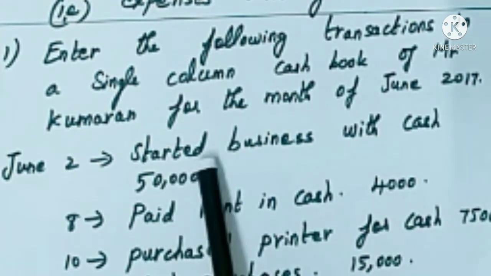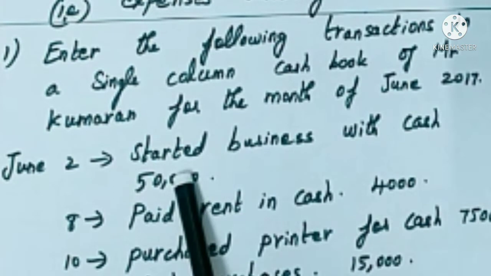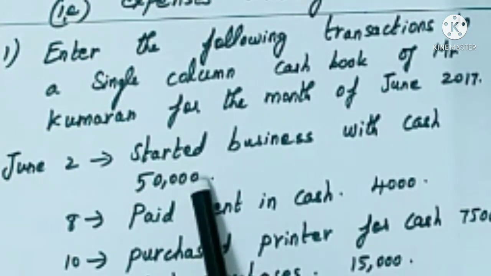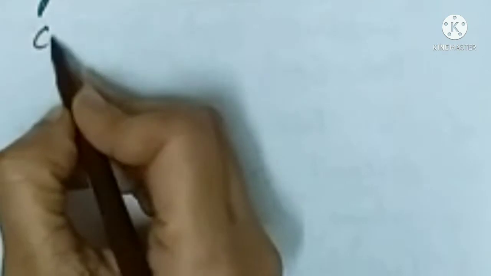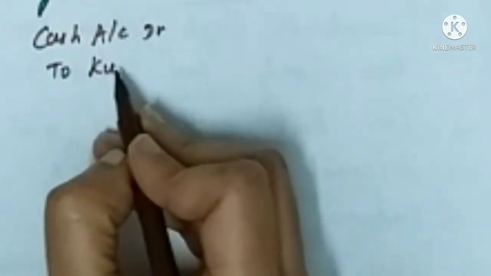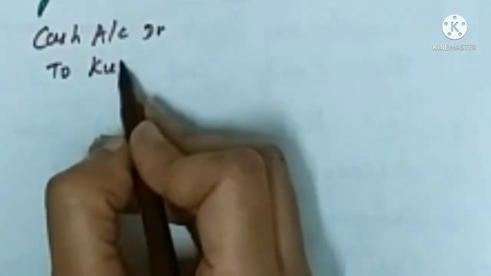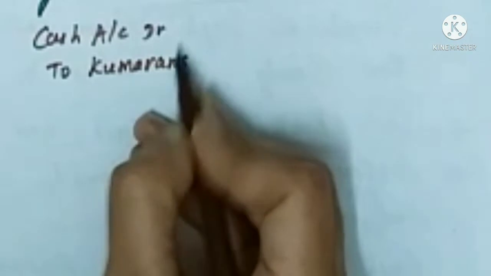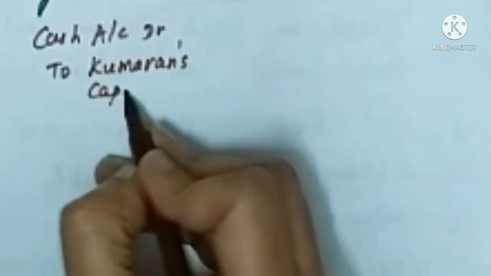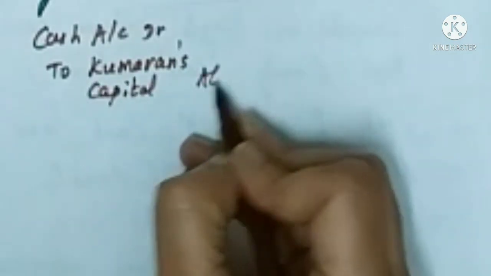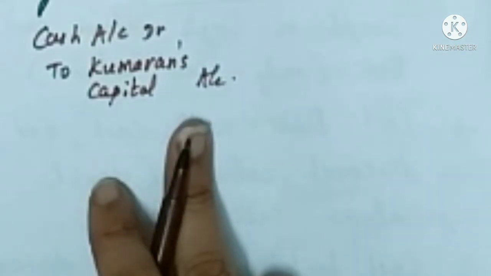Then, capital account is credited, that is, Kumaran's capital account is credited. So, what is the entry? Cash account debtor to Kumaran's capital account. This is the entry, isn't it?